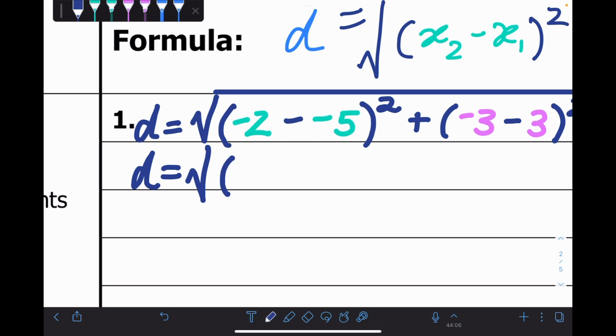So -2 minus means I'm getting money, right? So that'll be -2 plus 5. I'm not really in any more debt, am I? I actually have more money. I have $3, so I can write that as 3.